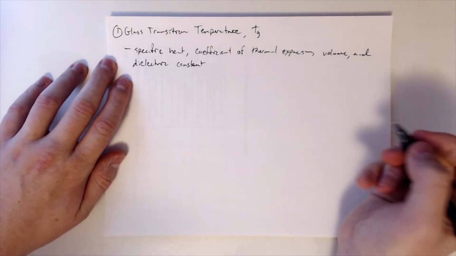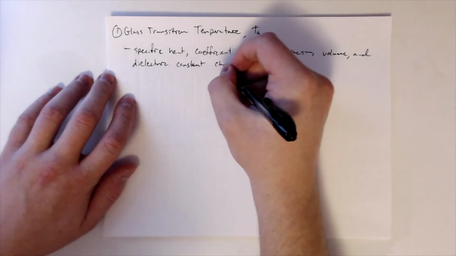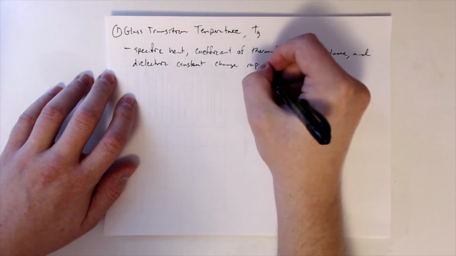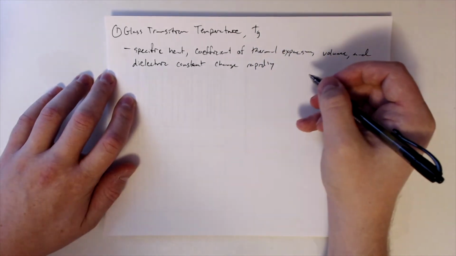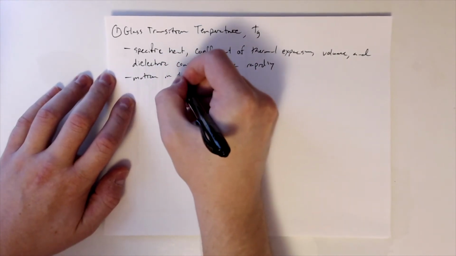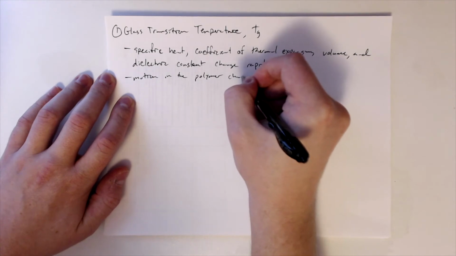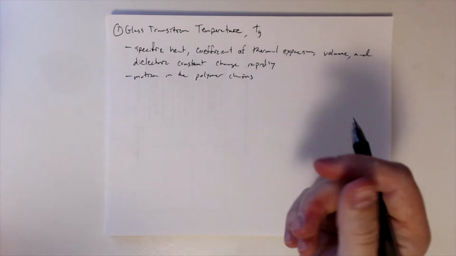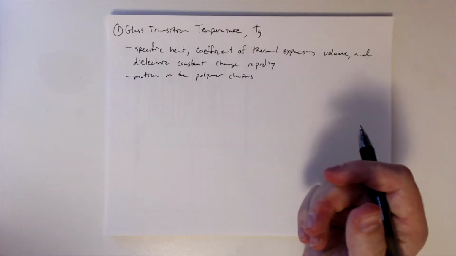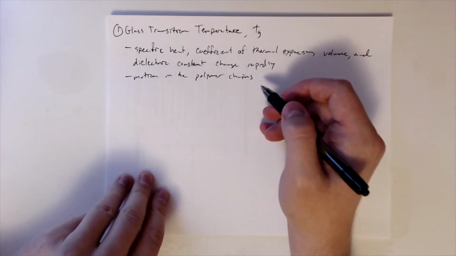We're not measuring all of these, so that's important to mention. This is all because of the motion in the polymer chains. These chains that polymers are built on, the motion of these chains becomes available.